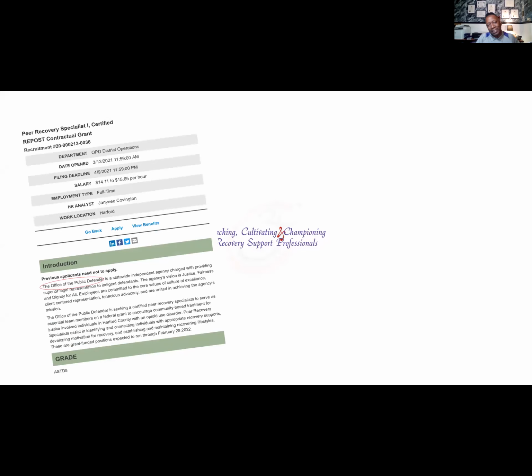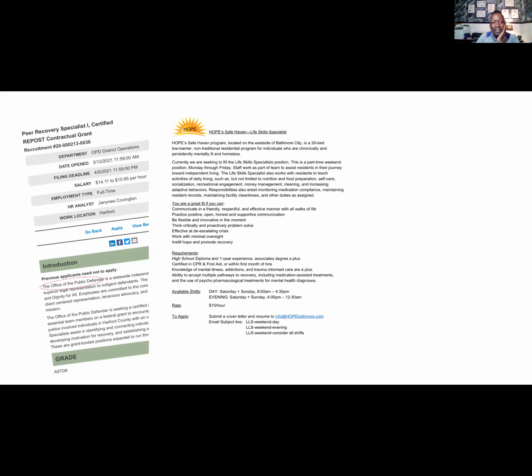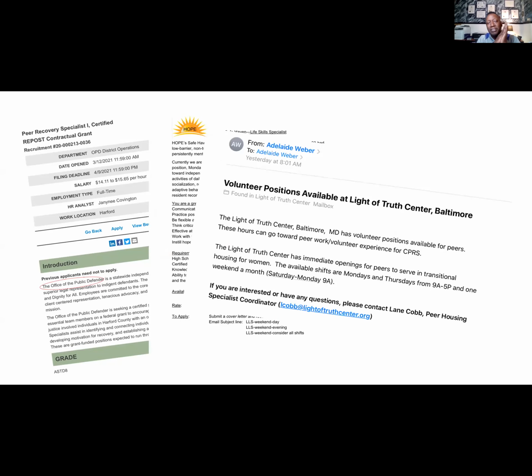All right. So now that we've talked about both the education and the practicum hour requirements, let's look at some of the jobs for peers. Peers are working in various areas.